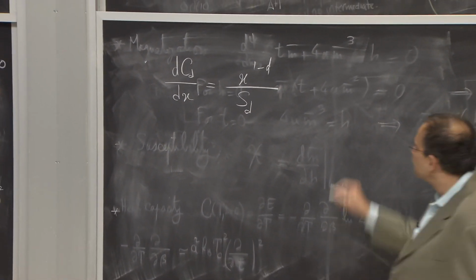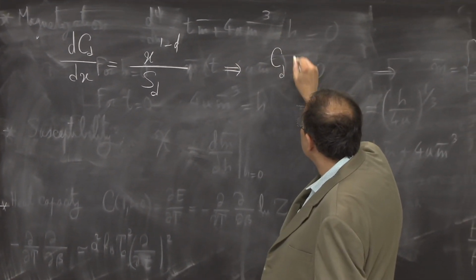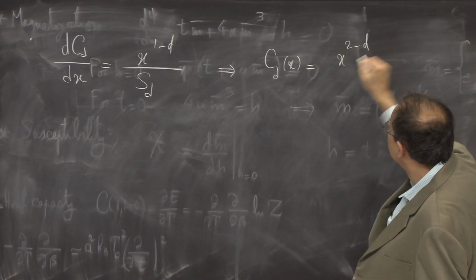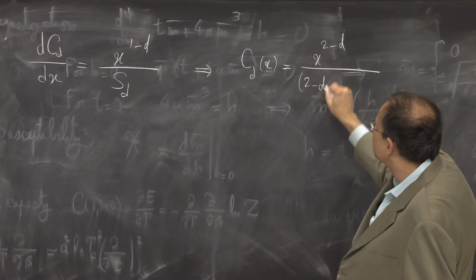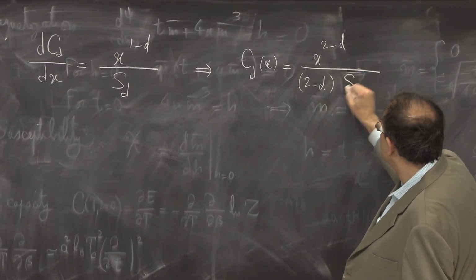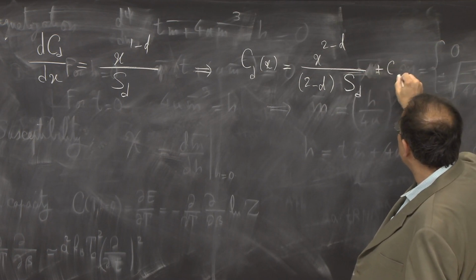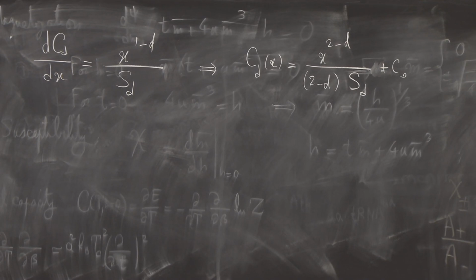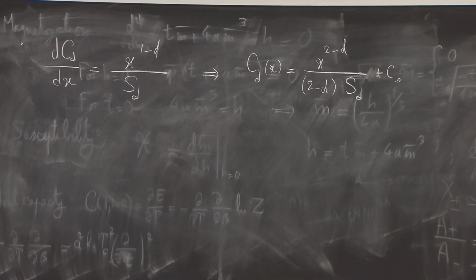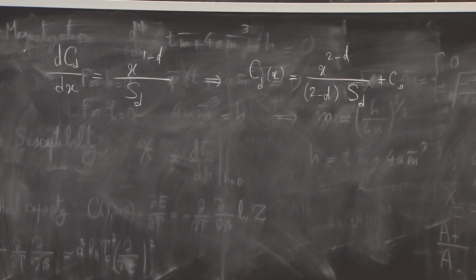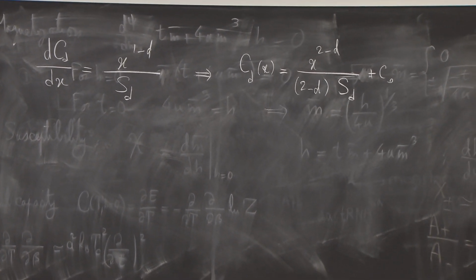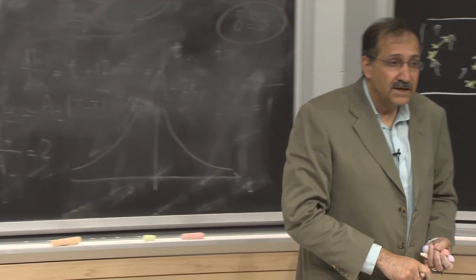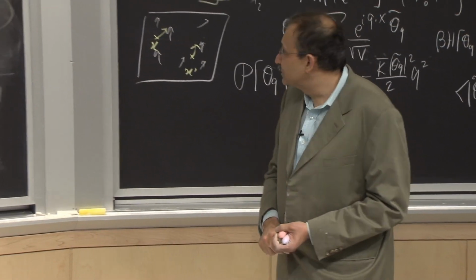So now I just integrate that, and I find that the d-dimensional Coulomb potential is x to the 2 minus d divided by (2 minus d) S_d. And of course, there could be some constant of integration. Okay? So it reproduces the familiar 1 over x law in 3 dimensions. But the thing that is important to note is how much this Coulomb potential depends on dimensions.